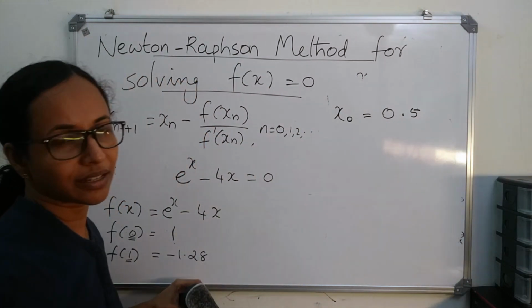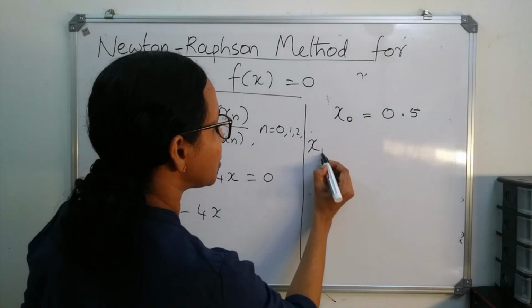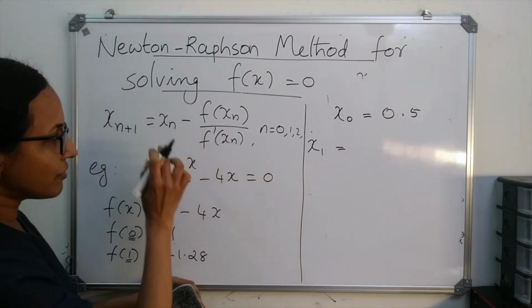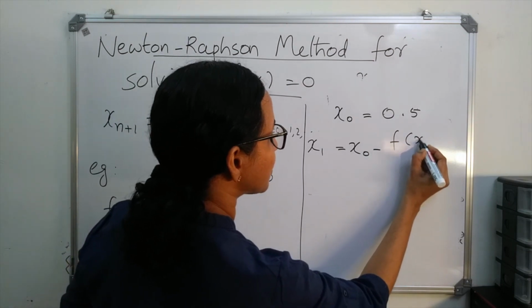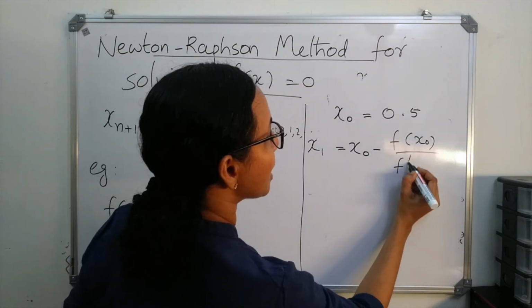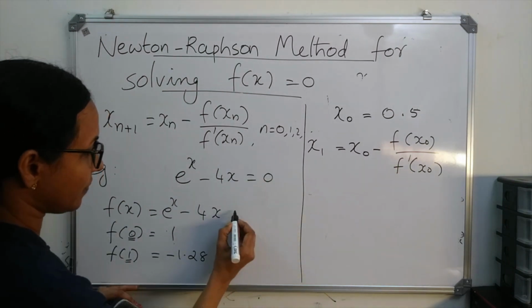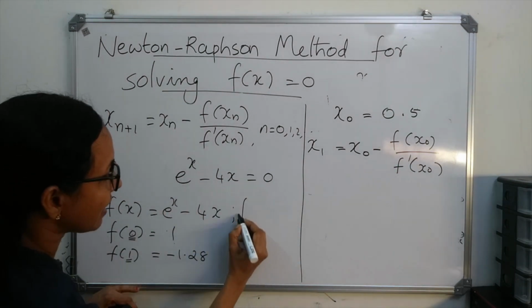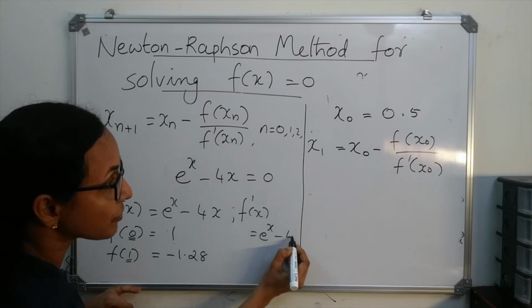This is the initial approximation. Now you can find the first approximation, x1. This is the formula: x1 is x naught minus f of x naught by f dash x naught. So you have to evaluate f dash x also. Here f of x is e raised to x minus 4x, and f dash x is e raised to x minus 4.